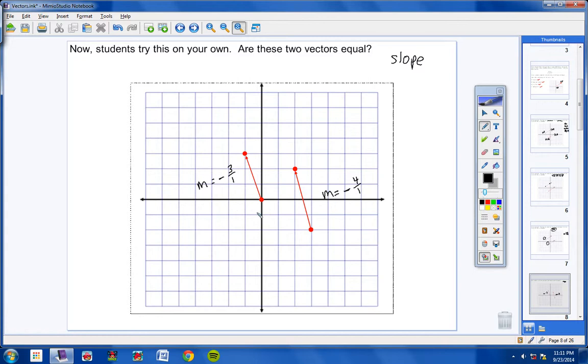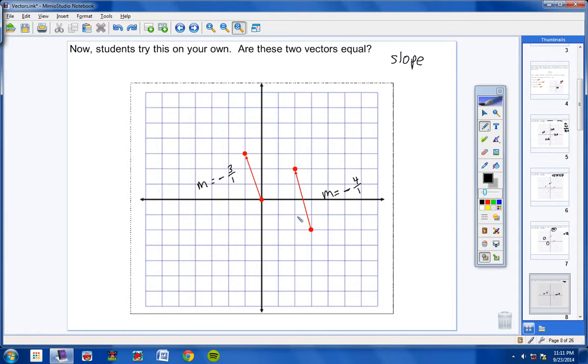If they don't have the same slope, then they're not going the exact same direction. I mean, one's kind of like this, and the other one's a little steeper, okay? Now, understand something here, students. If they had the same slope, then you would have to find the distance of each line to see if they were equal.